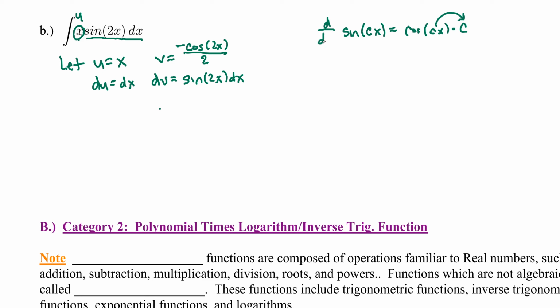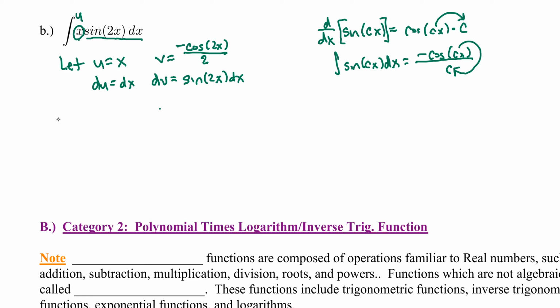If, however, I'm integrating a sine function with a multiple of the argument, I'm going to integrate the outside function and divide by the argument's derivative. Just a shortcut so you don't have to make a u substitution within our v substitution right here.